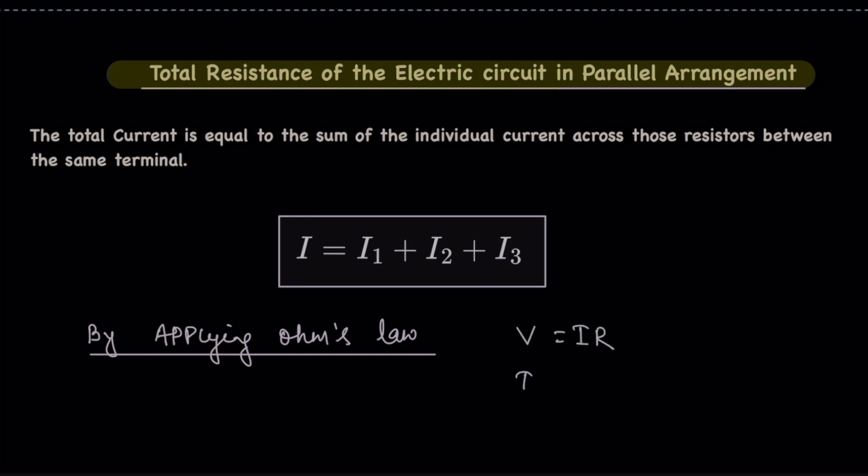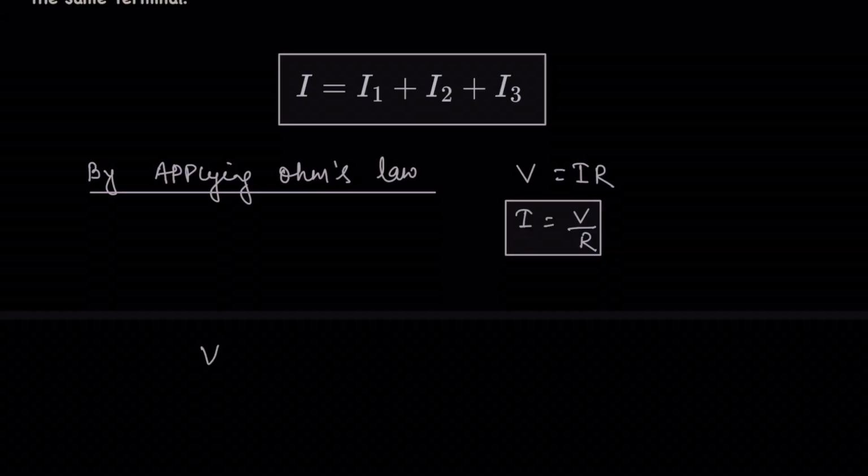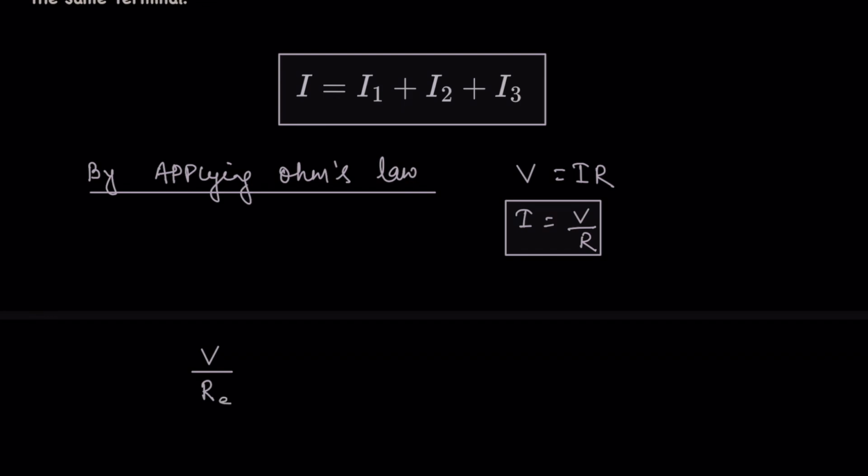So I is equal to V by R. If you substitute the current value in this relation, we get V by total resistance, or equivalent resistance, is equal to V by R1 plus V by R2 plus V by R3.